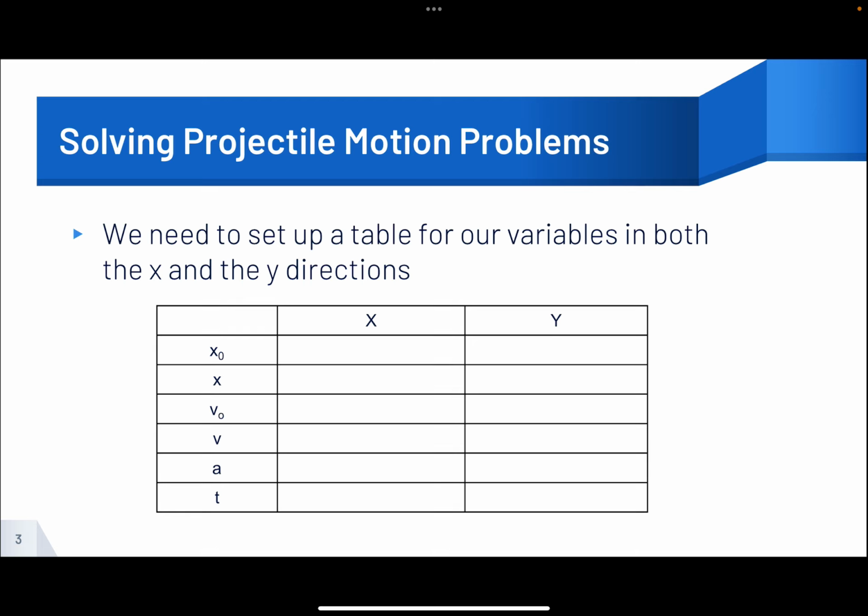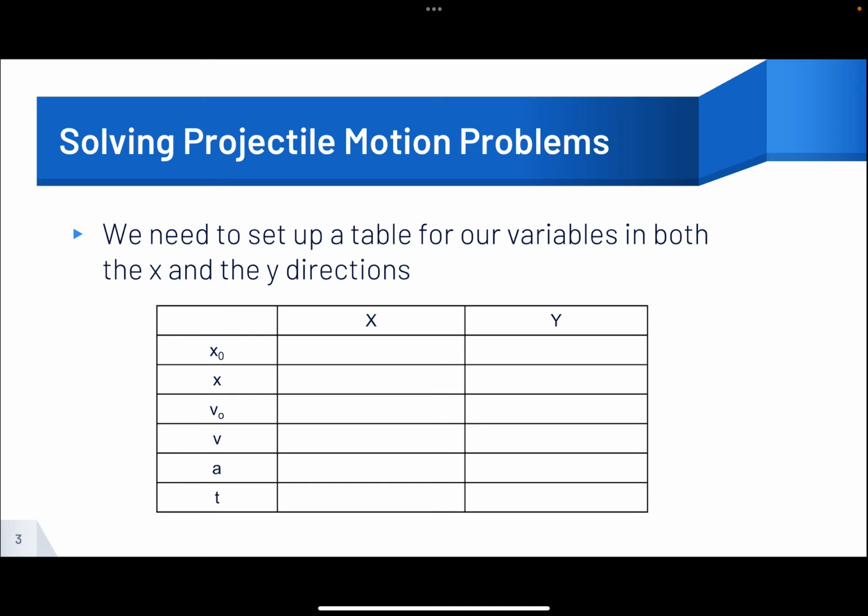Only difference is now we'll have to split it up into what information is related to our x direction and what information is related to our y direction. So when we ultimately go to choose one of our kinematic equations to analyze this scenario, we can really only use information in our x column to plug into that equation, or we can only use information in our y column to plug into the equation.